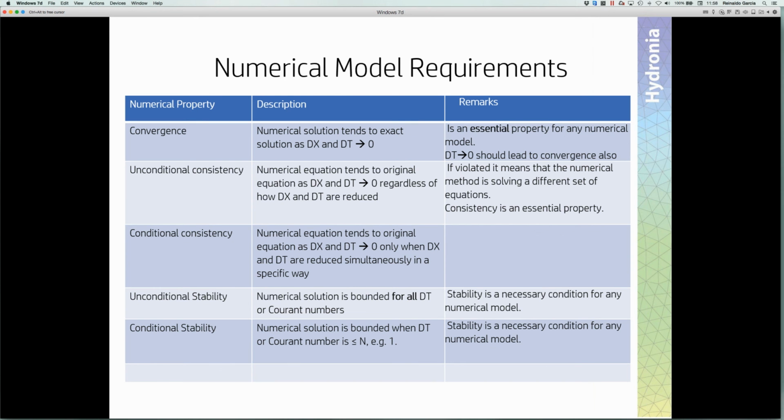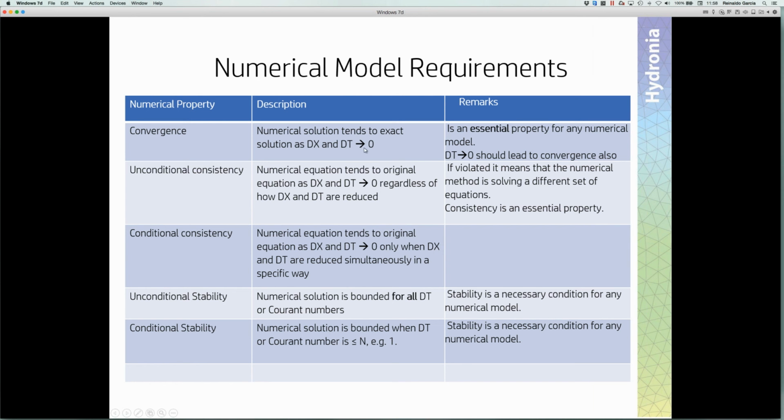Now, the numerical model requirements that are most commonly sought after in models are listed in this table. First, convergence, which is an intuitive concept where the numerical solution needs to converge to the exact solution as the time step and the size of the mesh tend to 0.